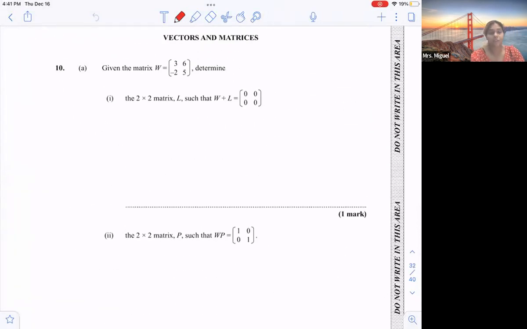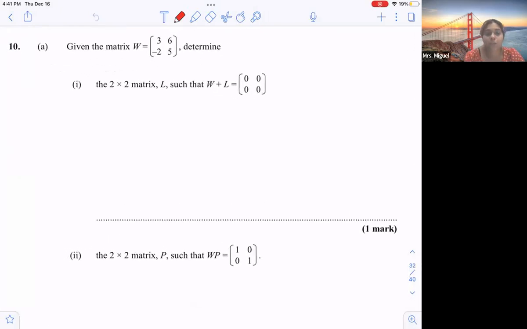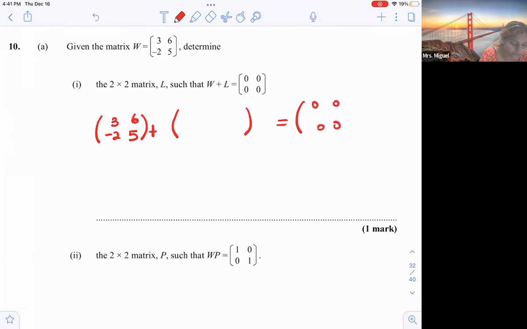Okay, so this is the question. This is January 2021. They want a 2 by 2 matrix. This is the matrix W: 3, 6, minus 2, 5. They want some matrix that will give 0, 0, 0, 0.